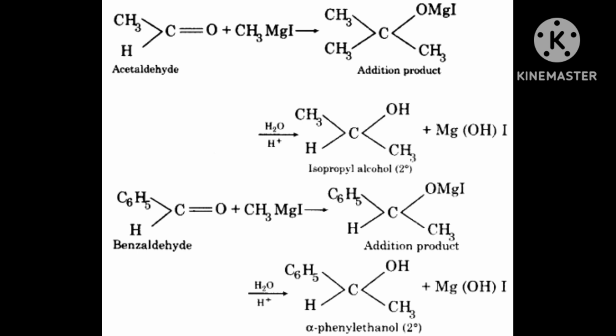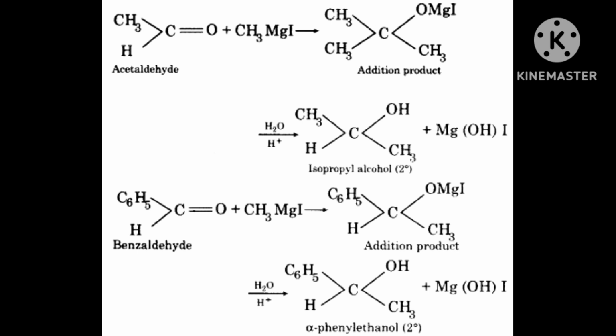Now I will tell you the overall reaction using different aldehydes and ketones. The same mechanism I told you, you can now apply for different aldehydes and different ketones. Only the R value will change.